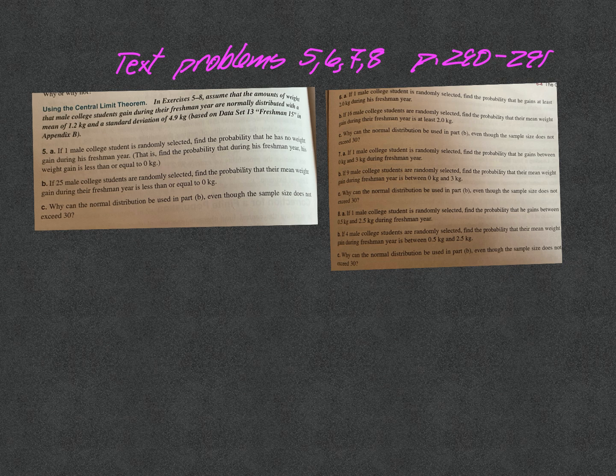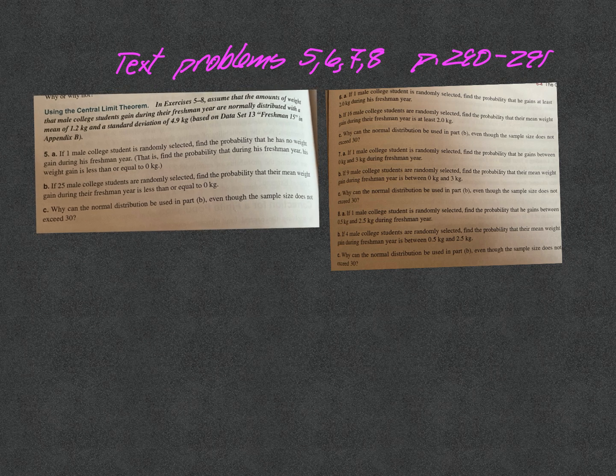Okay, so here we go with the problems. We're going to talk about assuming that the weights of male college students that they gain during their freshman year are normally distributed, okay, with a mean of 1.2 kilograms.